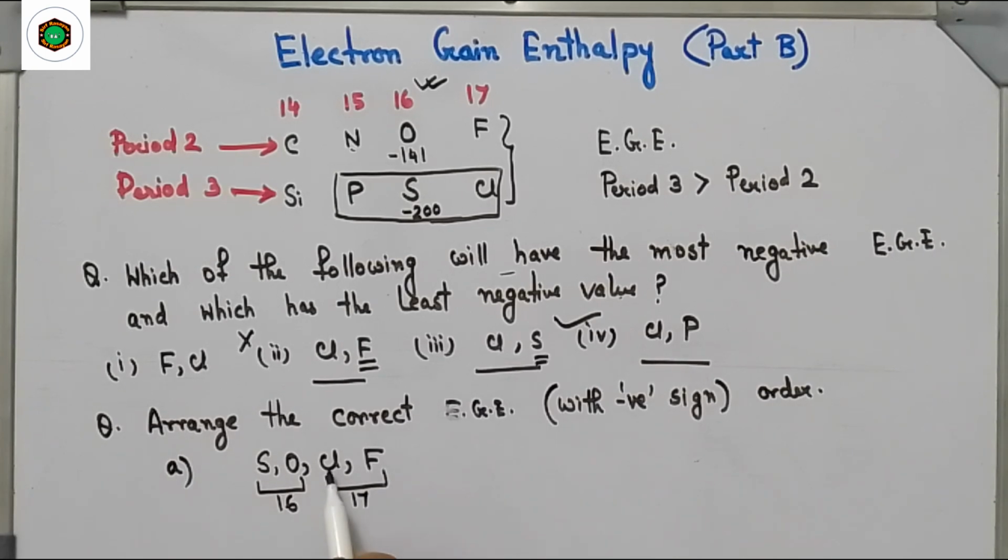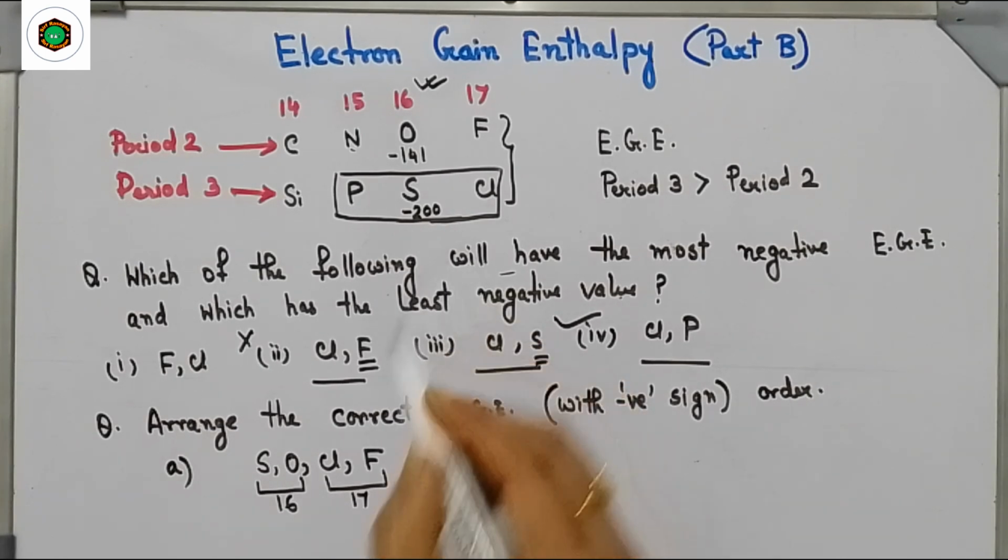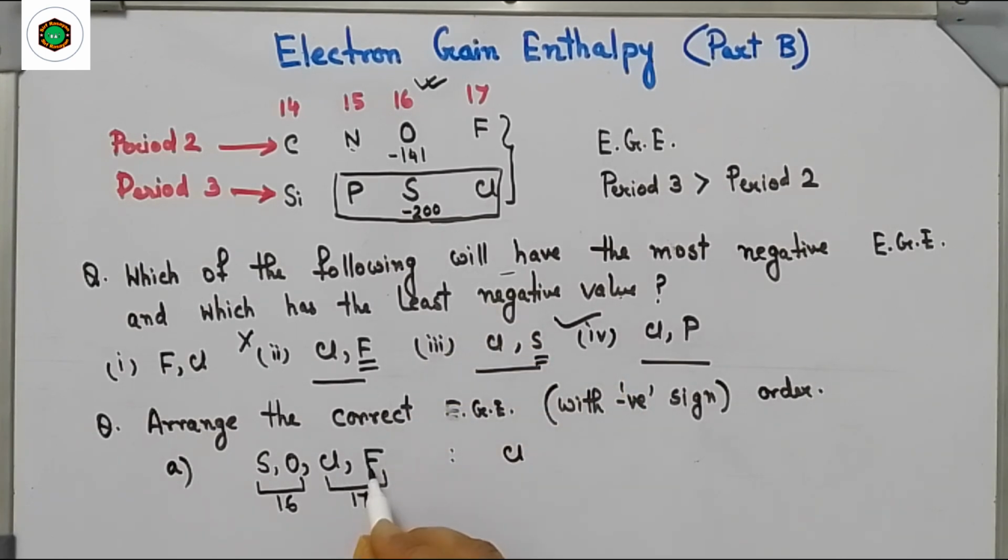Between fluorine and chlorine we know Cl has the higher negative value, and since fluorine is a group 17 element, the next higher negative value is for fluorine. These two are group 16 elements, so they have a less negative value than group 17. So this is your order: chlorine, fluorine, sulfur, then oxygen. The negative value is decreasing in this direction.